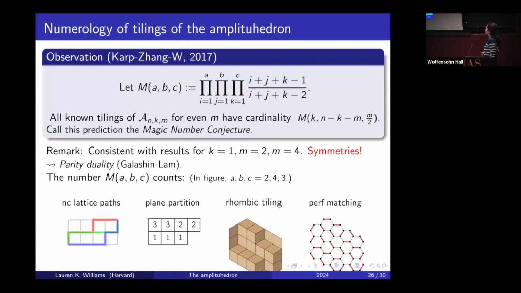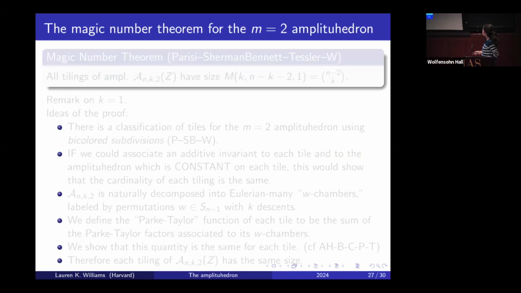Combinatorially, this number counts different combinatorial objects: non-crossing lattice paths, plane partitions, rhombic tilings, perfect matchings. So it's a very nice number for combinatorics. I'll end with this last statement, that we can prove this for m equals 2.